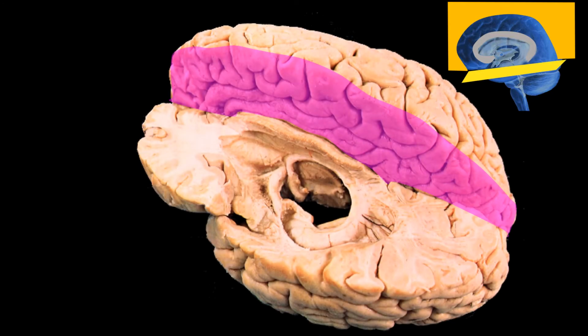I have now discarded the area separated by the cuts, so we can see the mesial aspect of the brain, the corpus callosum, and the floor of the inferior horn of the left lateral ventricle.